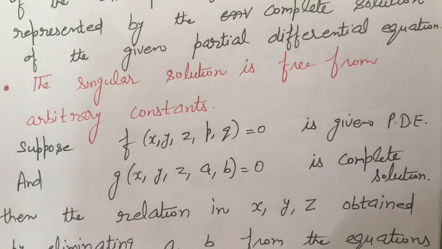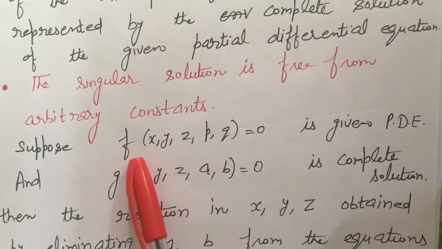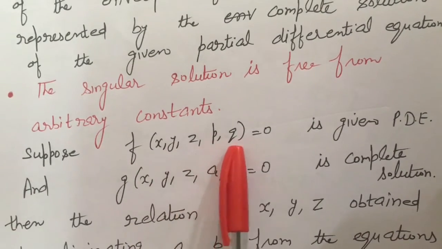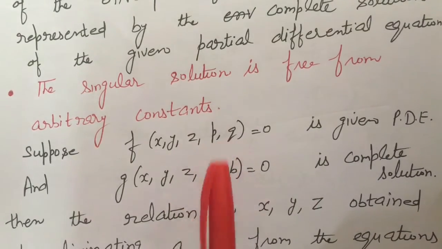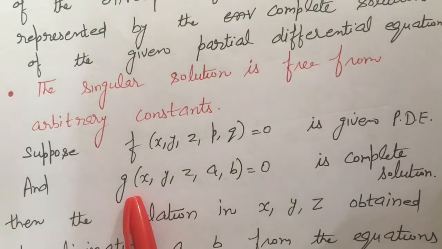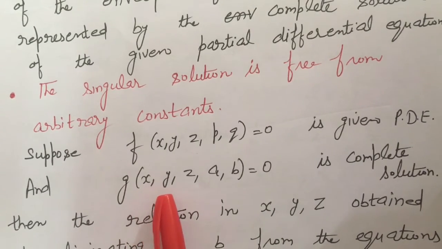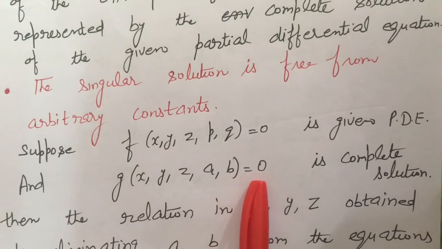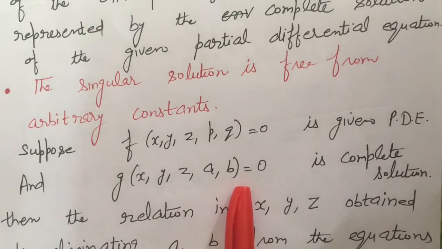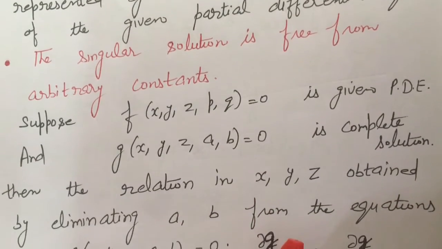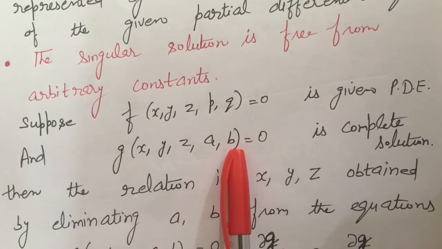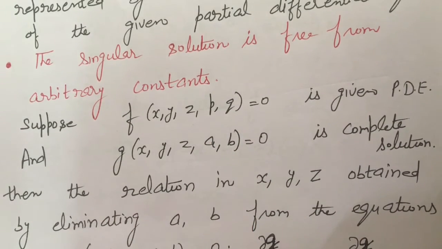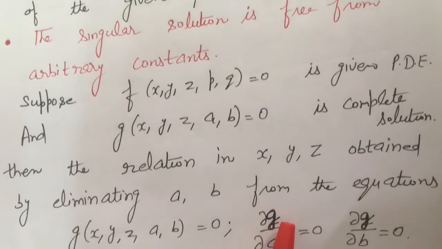For example, if we have given function f of x, y, z, p, q equal to 0 is the first order PDE and there is some relation g of x, y, z, a and b equal to 0 and this is the complete solution, then our motive is to eliminate these arbitrary constants to find the singular solution. How we can eliminate these arbitrary constants?